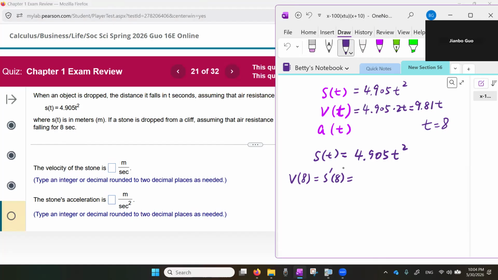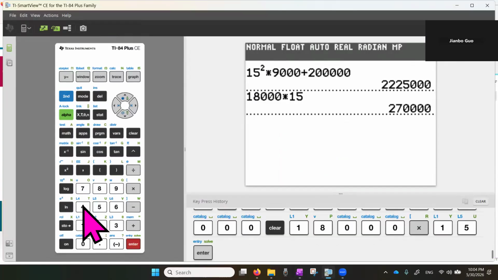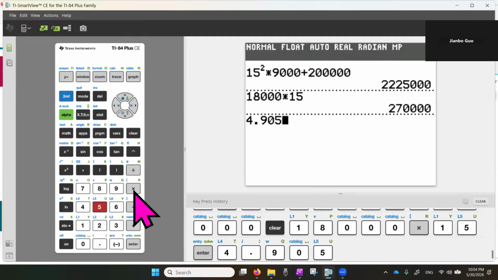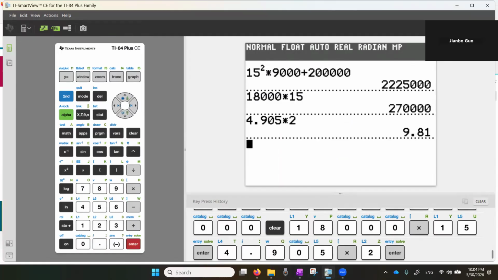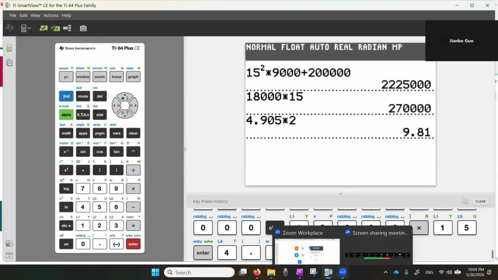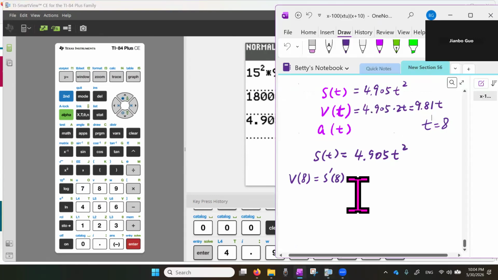Let me double check. 4.905 times 2, 9.81. 9.81 t. 9.81 actually is gravity, right? Free fall.